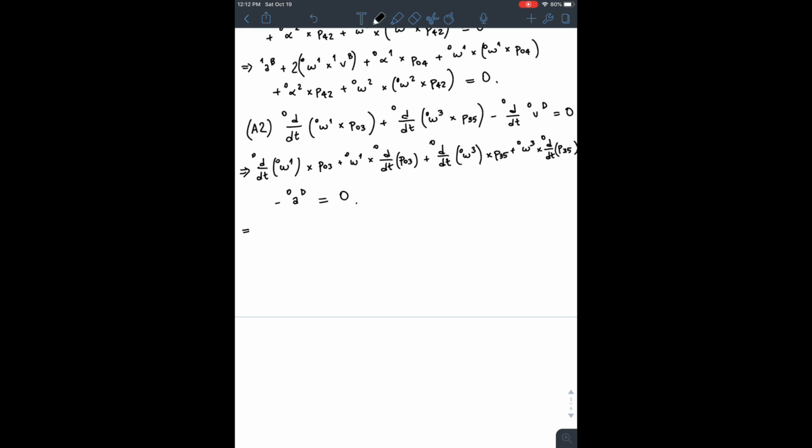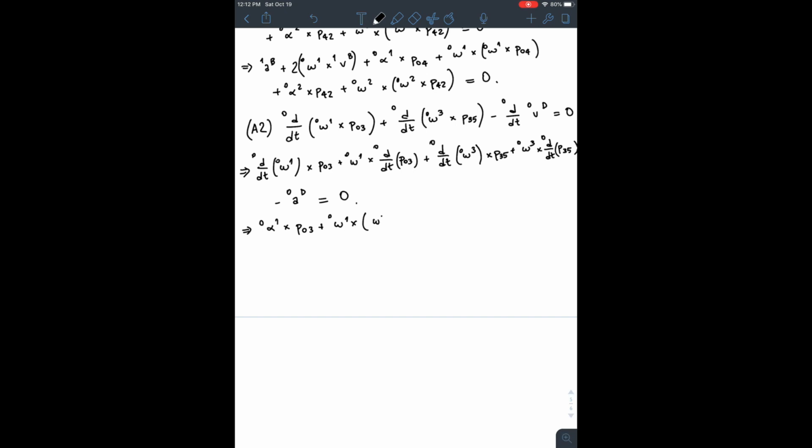Okay, let's do some more computations. d dt in 0 of angular velocity of 1 in 0 is defined by angular acceleration of 1 in 0 cross p03, plus angular velocity of 1 in 0 cross this term here. We computed this derivative in the velocity level analysis, and I'm just going to write it down here.